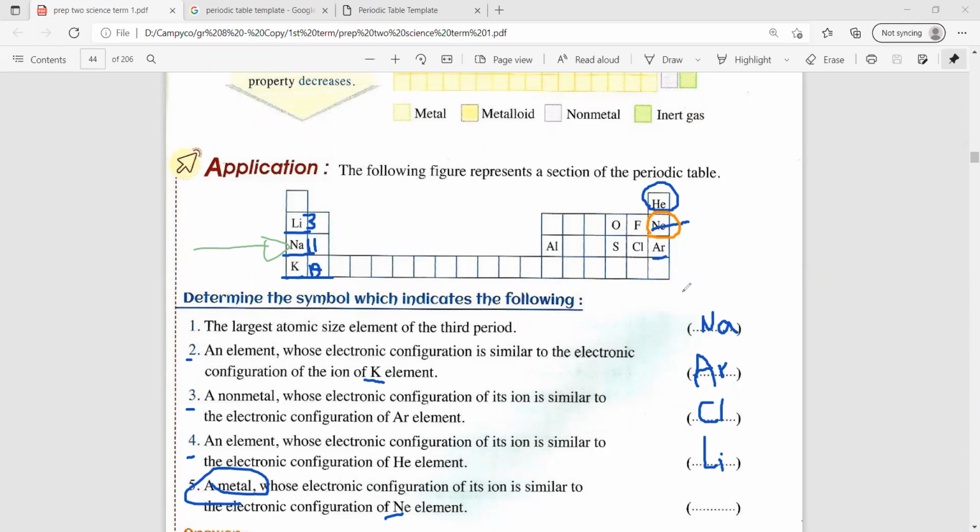When they lose 1 electron, they will have the same number of electrons as neon. Neon has 10. How can we think about it? Metal. So I'm going to search for the elements following neon, because metals want to be like the gas preceding them.